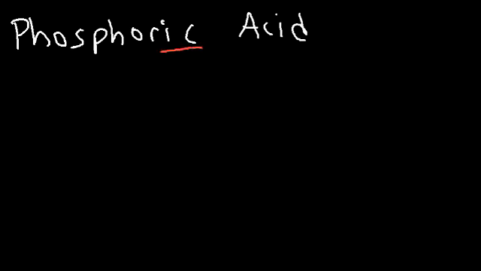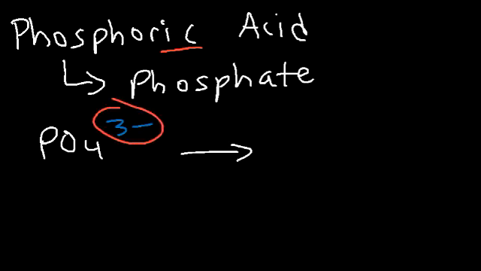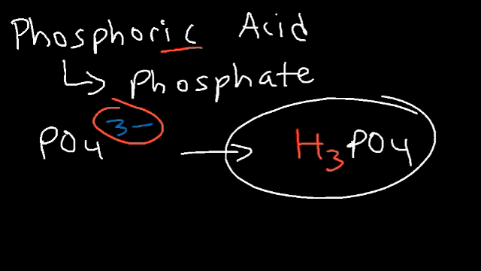We need to replace ic with ate, so this is associated with the phosphate polyatomic ion. Phosphate is PO4 3-. Once you've identified the ion, you simply need to add hydrogens to it. Because the charge is -3, we need to add 3 hydrogens to it, so it's going to be H3PO4. So this is the formula for phosphoric acid.